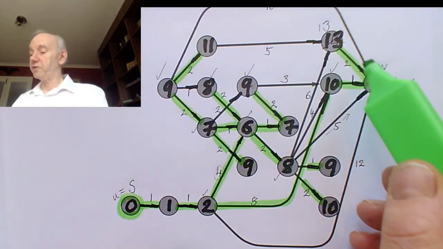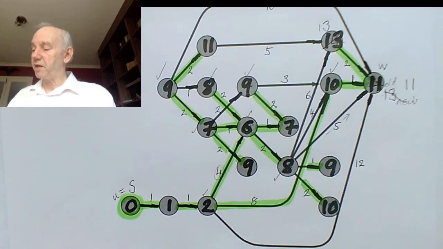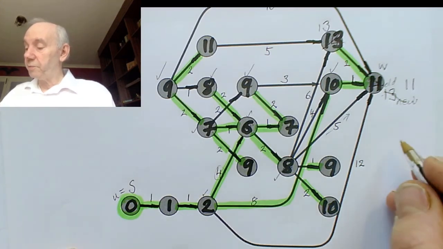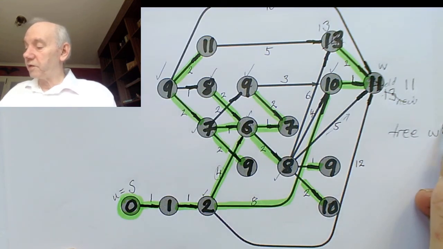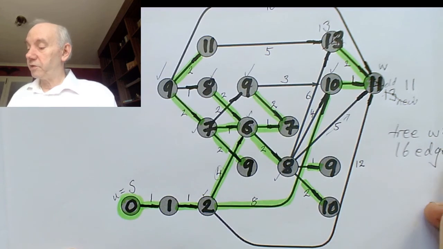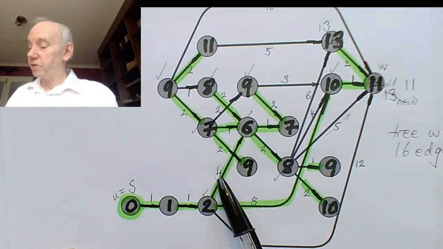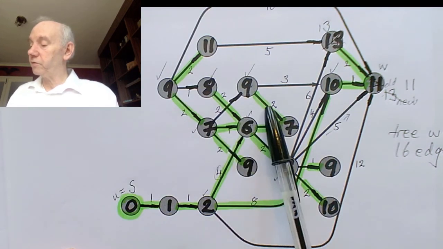I've got all the vertices, so there should be exactly, as I remember, 17 vertices, so this should be a tree with 16 edges. Let's check that: 1, 2, 3, 4, 5, 6, 7, 8, 9, 10, 11, 12, 13, 14, 15, 16.